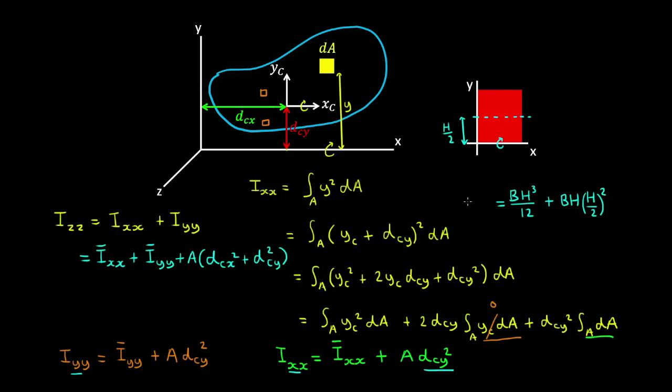And that's equal to the second moment of area about the x-axis. So doing some algebra, we have bh cubed on 12 plus bh cubed on 4, which is 3 bh cubed on 12. And that's equal to 4 bh cubed on 12, or bh cubed on 3.